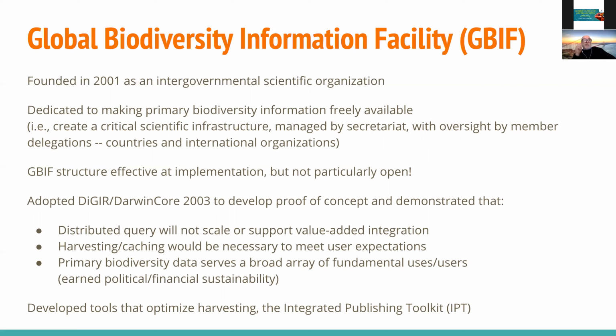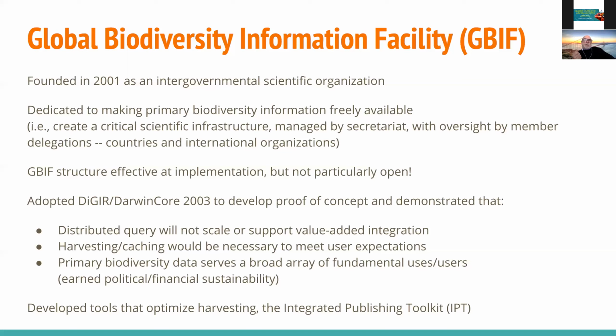First of all, that this distributed query process would not scale, and in particular would not support the value added that a data aggregator needs to do to data to really make it fit together well, such as creating a master taxonomic index across all of these things and mapping it so that the data used in each individual case would blend together more effectively.